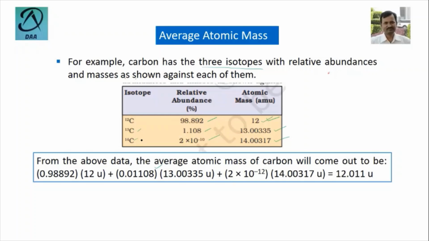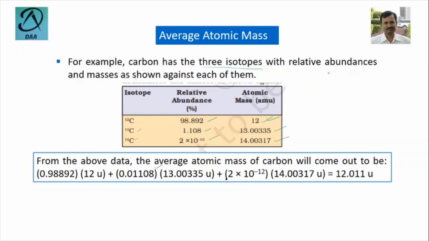Plus, for the 14C isotope, its relative abundance is 2 multiplied by 10 to the power minus 10. So the fractional abundance will be 2 multiplied by 10 to the power minus 10 multiplied by 10 to the minus 2.